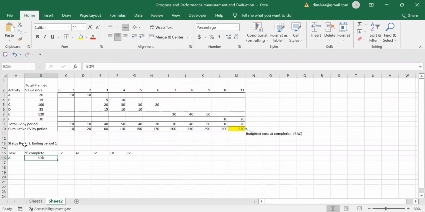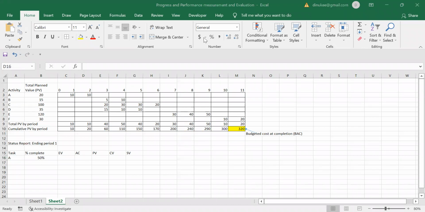According to this question, they have given that at the end of period 1, task A is completed by 50%. And you are asked to calculate earned value, and this actual cost you have to assume, right?